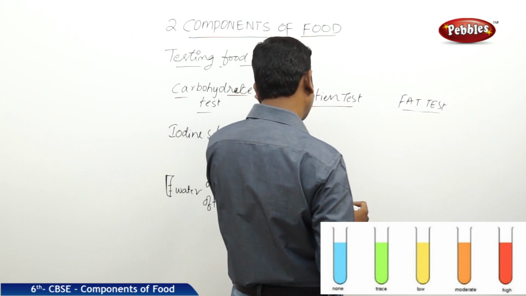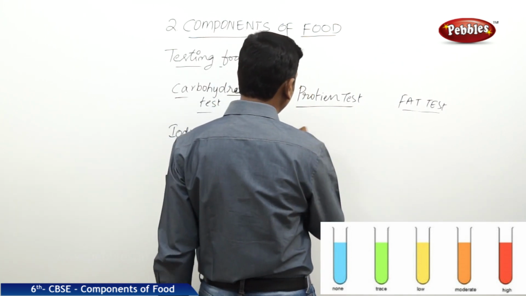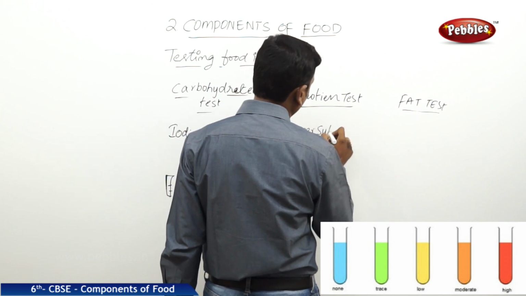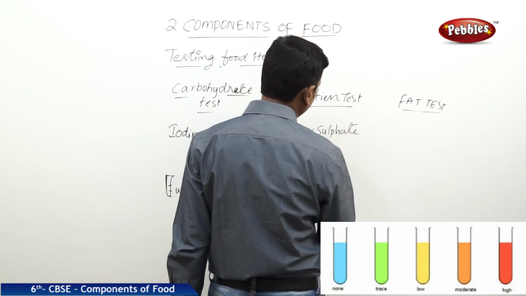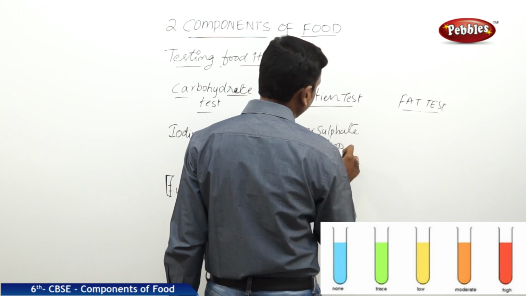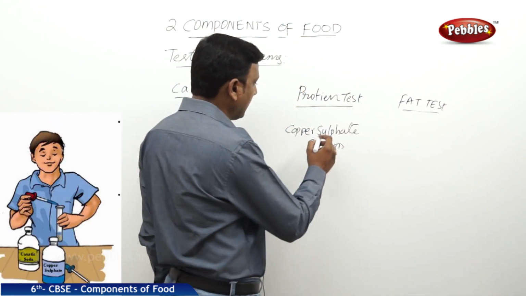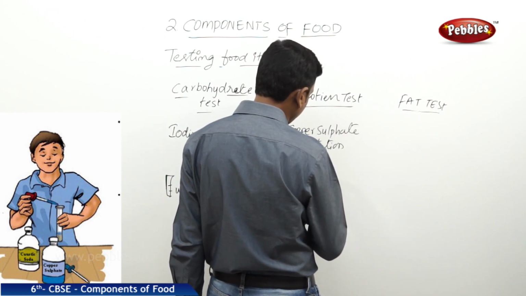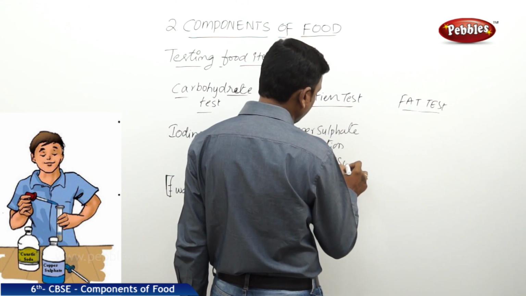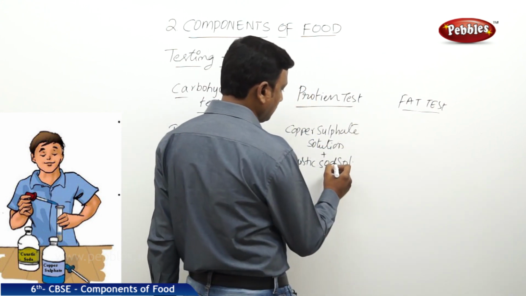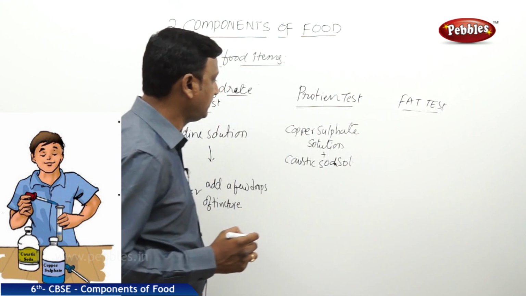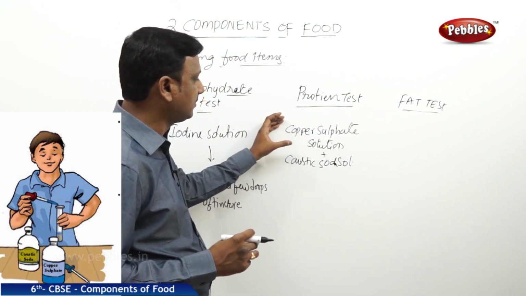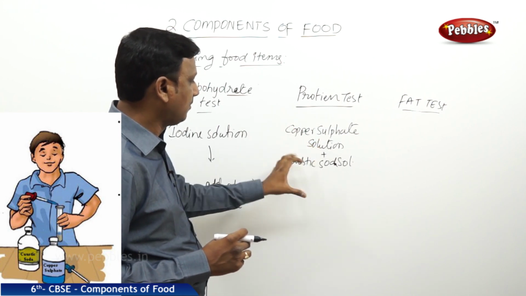For the protein test, you need copper sulfate solution. Along with this, you need caustic soda solution also. So separately you need copper sulfate solution, and at the same time caustic soda solution.